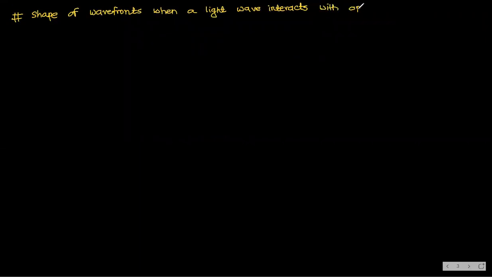With optical devices means already I told you, optical element, optical devices, right? Mirror, lens, all these type of things. So shape of wavefronts when a light wave interacts with optical devices.